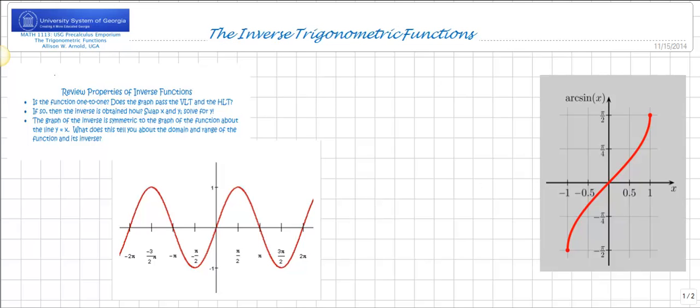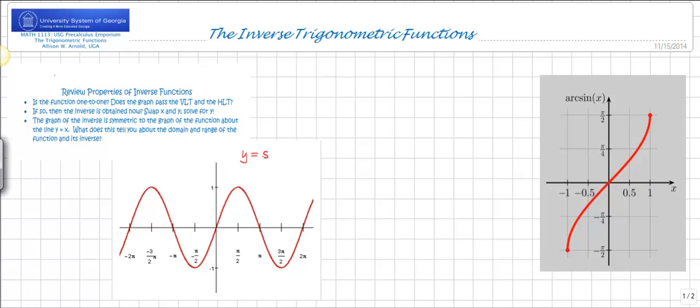Well, you do so by exchanging x and y and solving again for y. And the result is the graph of the inverse function is symmetric to the graph of the function about the line y equals x, which means the domain and the range values swap. So we know quite a lot about the inverse trig functions without even talking about them.